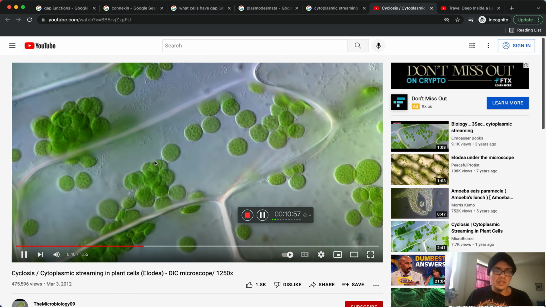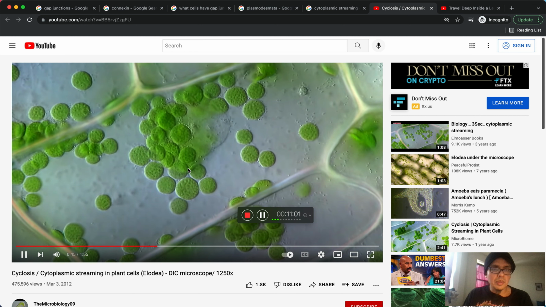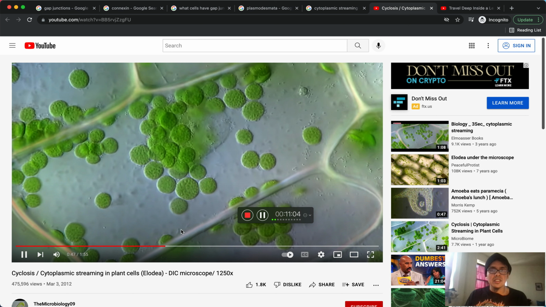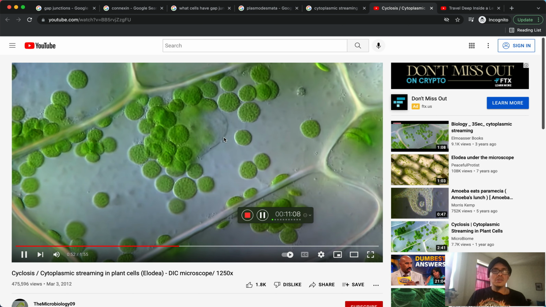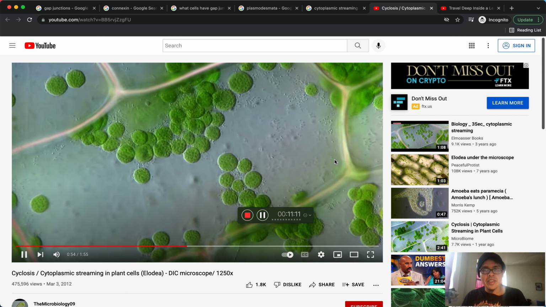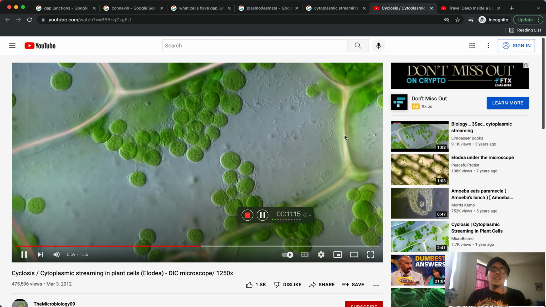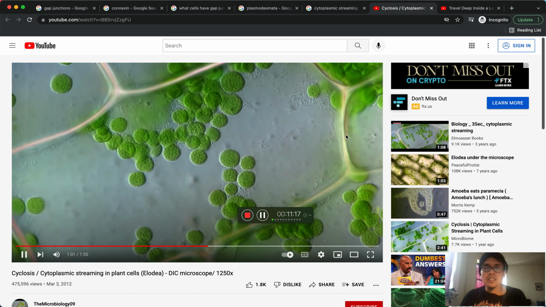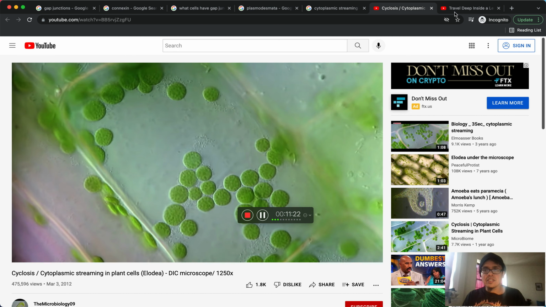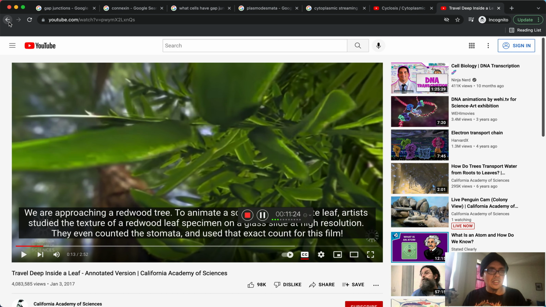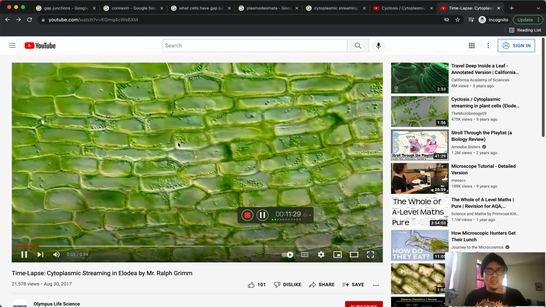That sharing of cytoplasm causes movement and influx of cytoplasm, which is called cytoplasmic streaming. As you can see, these organelles, these chloroplasts and other things within these plant cells, float around. These are plant cells surrounded by cell walls, and given that they're small enough, they can leak into other adjacent plant cells that have these plasmodesmata channels, right?